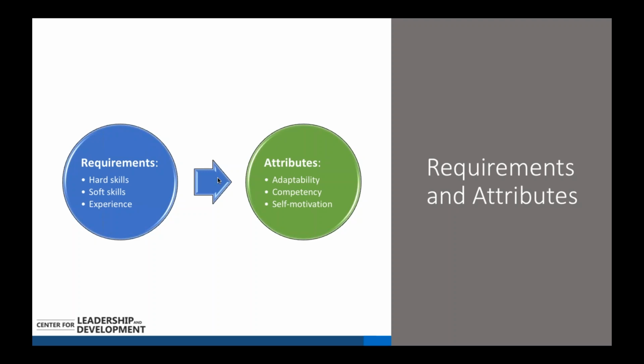People can have the skills, but they may not have the competency to actually use those skills properly. And how self-motivated are people? Some people don't motivate themselves very well, and they need to be motivated by others. And that's okay, but you're also trying to build that level of self-motivation within people. And this all comes into talent management.